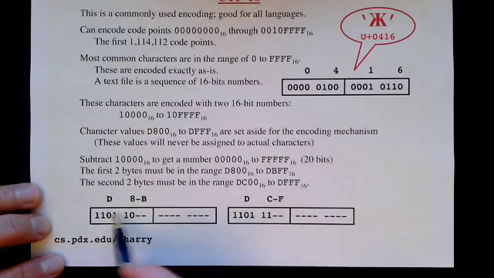And notice that whatever those 20 bits are, we'll have a number here that begins with D and 10. Well, if it were 1000, that would be 8.